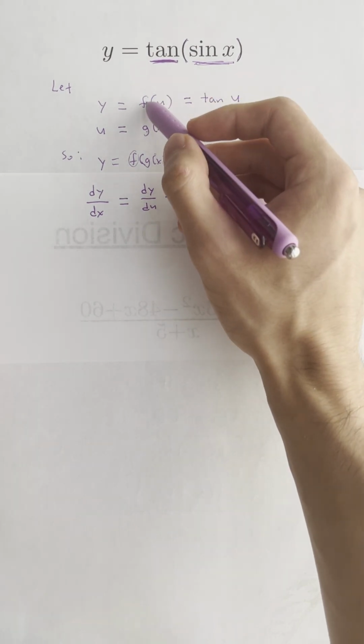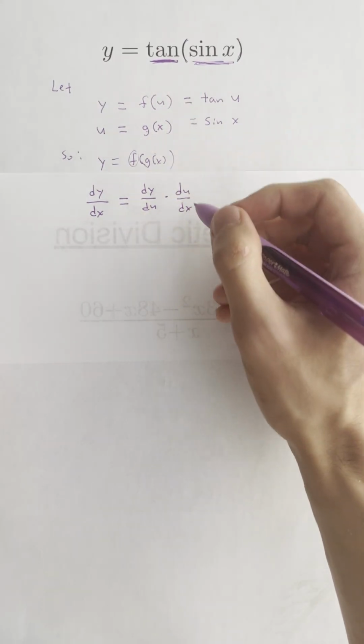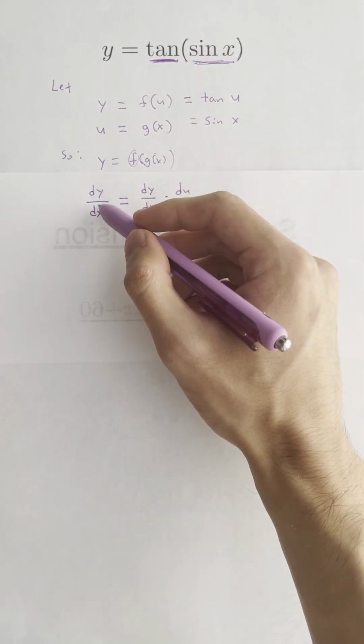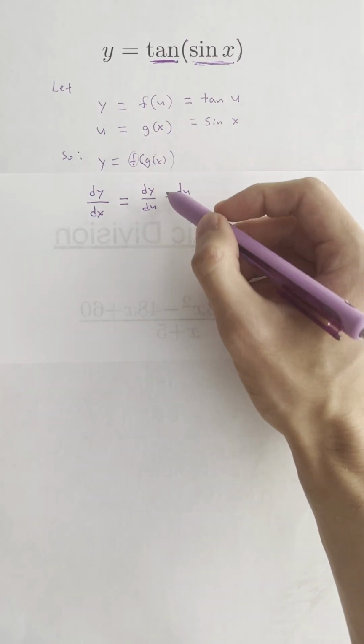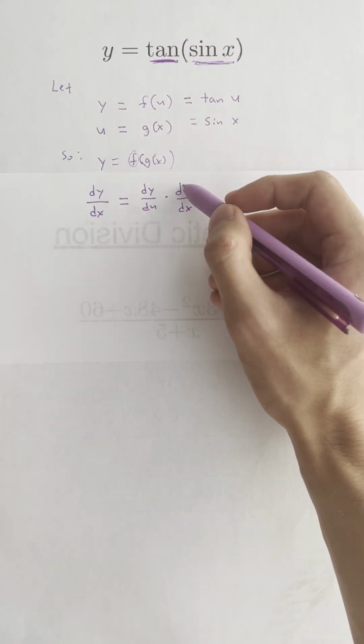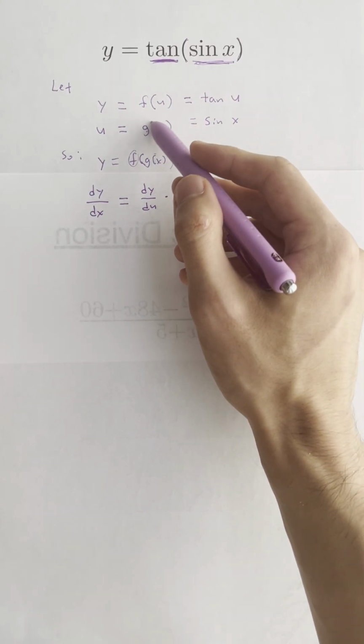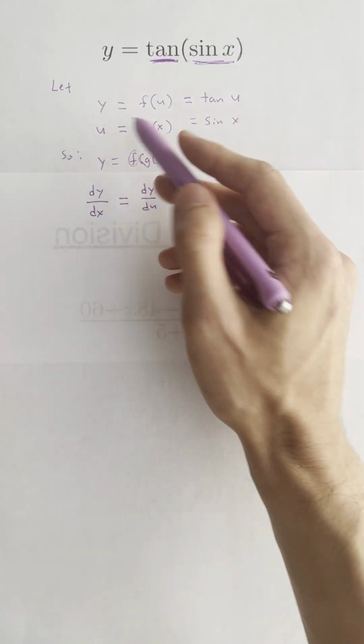So this is the outer function. Derivative is equal to derivative of outer function times derivative of inner function. So what do you get from this?